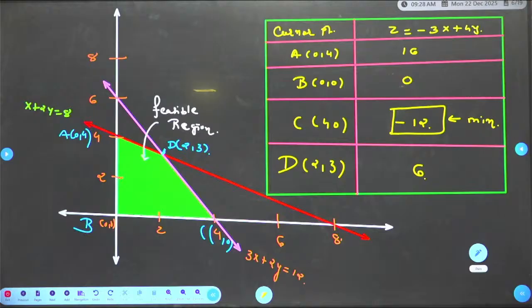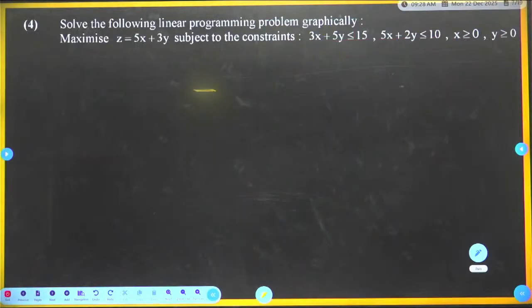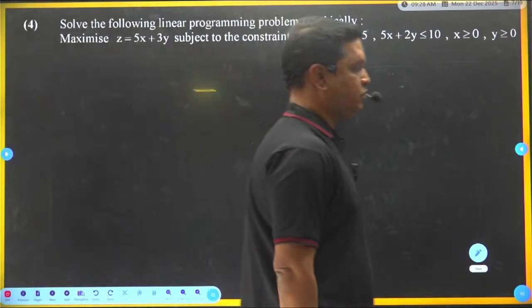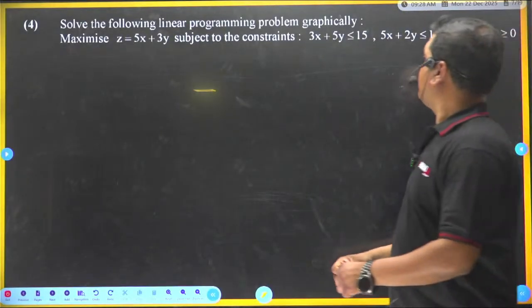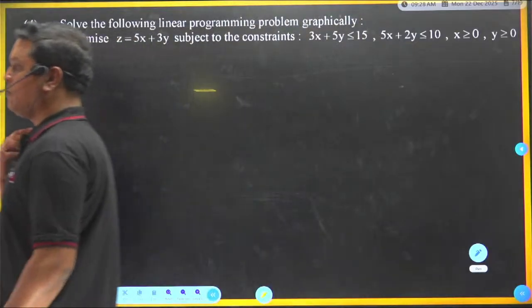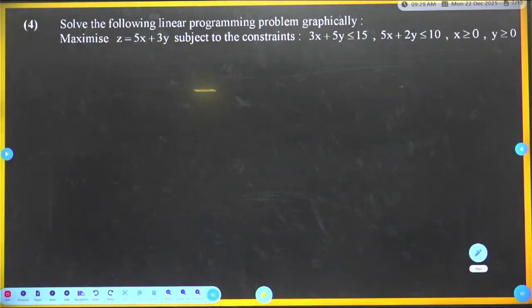Complete? Head on to the next one. Write the equation. Maximize z equal to 5x plus 3y.